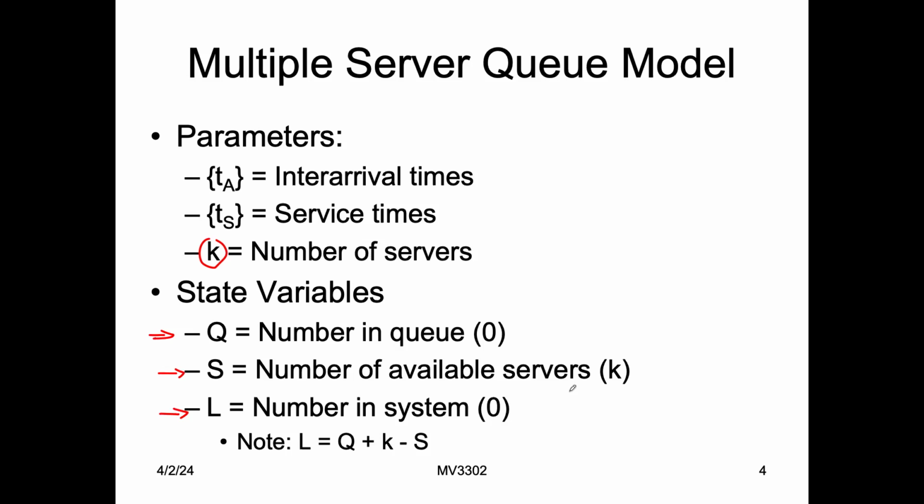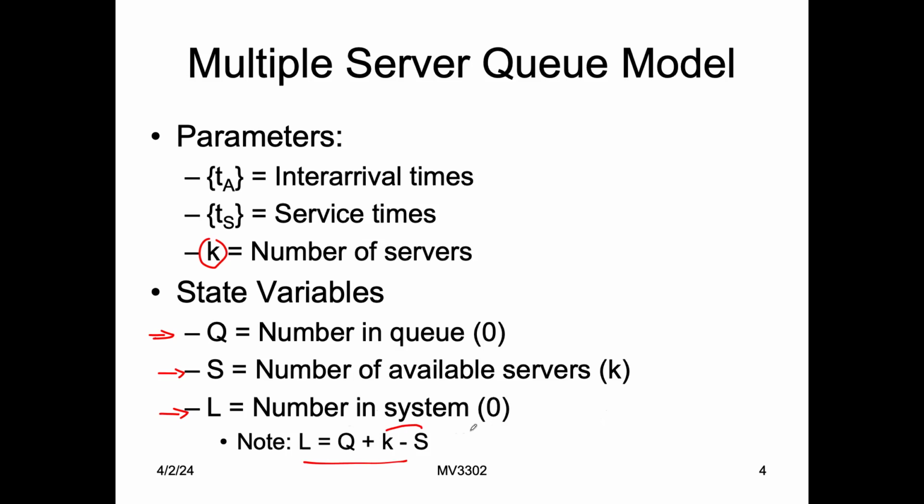Now, what's interesting about this is that it's a redundant variable, in that it has a relationship with the other variables. At any point in time, the number in the system is the number in the queue plus the difference between the number of servers that I have and the number that are available.